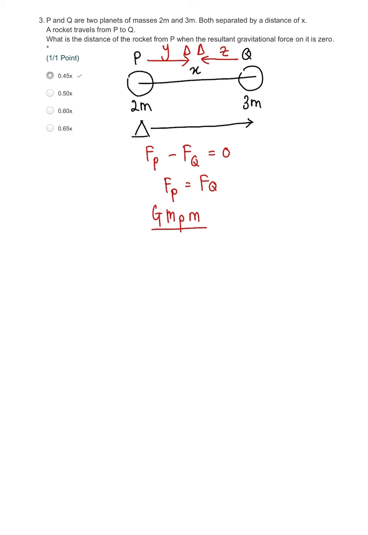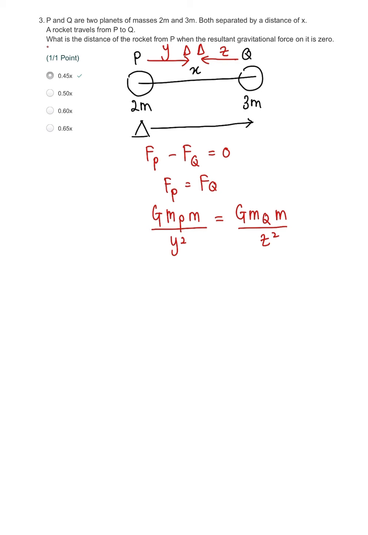For sure kita nak cari nilai y squared, equals to G M of Q and M of the rocket over z squared. Dia punya value tak sama, bukannya x minus z, sorry, x minus y. So it will become more tedious.